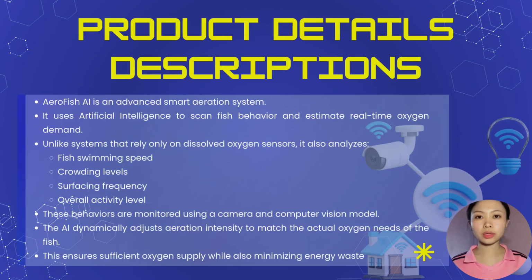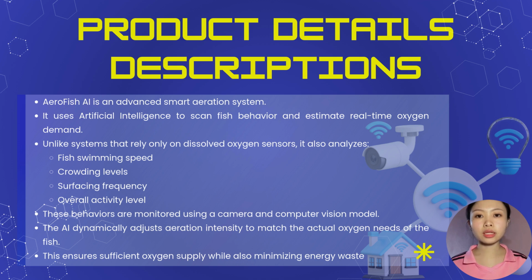Hello everyone, my name is Emily Eliclaris and I will now explain the product detail description. Aerofish AI is an advanced smart aeration system that uses artificial intelligence to scan fish behavior and estimate their real-time oxygen demand. Instead of relying only on dissolved oxygen sensors, the system analyzes fish swimming speed, crowding, surfacing frequency, and activity level using a camera and computer vision model.